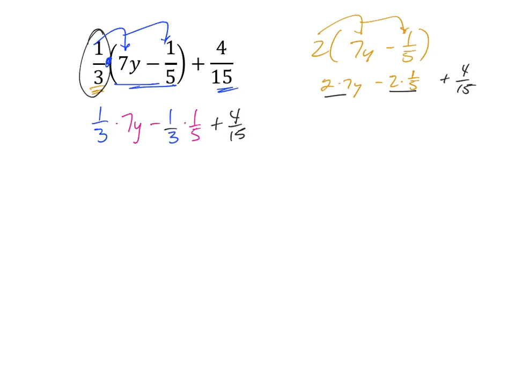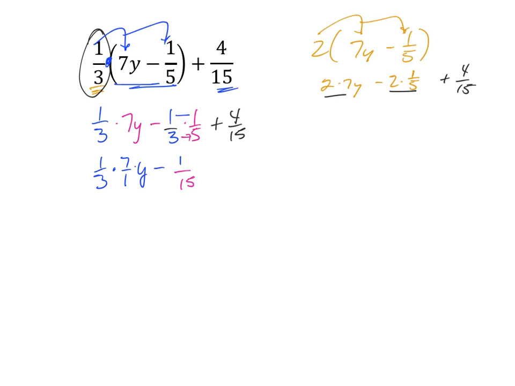Okay, so here we go. Now we're going to simplify this. And again, because that's 1/3, we're going to rewrite this as 1/3 times 7 over 1 times y. Minus 1 times 1 is 1, and 3 times 5 is 15.